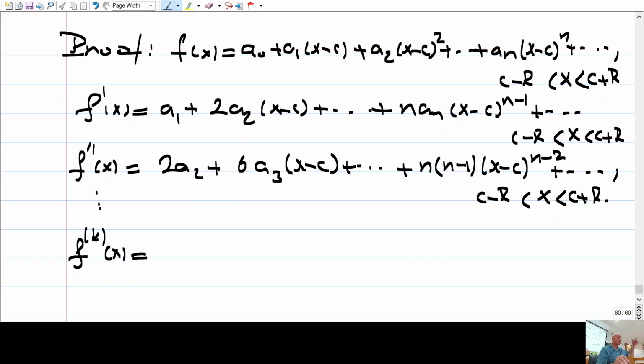You see each time the power comes down: here it is 0 factorial times a0, here 1 factorial times a1, this is 2 factorial times a2, next one will be 3 factorial times a3, which is 6, and so on.